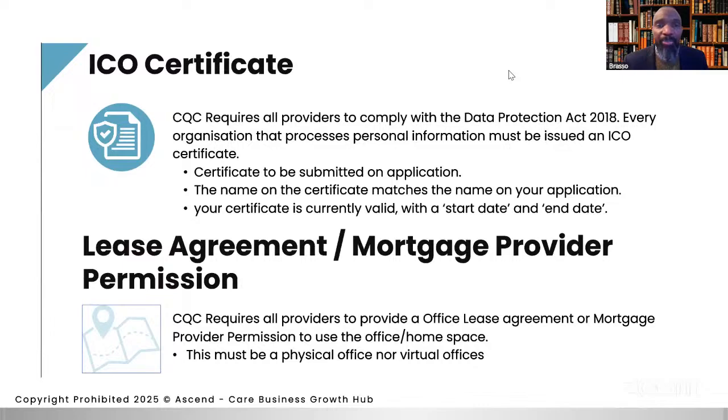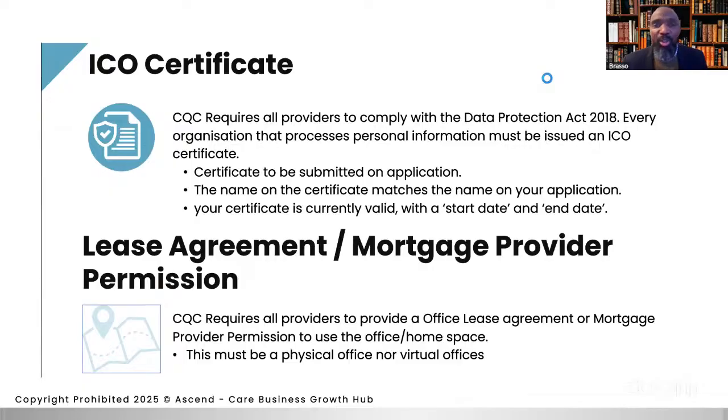You also have the ICO certificate, Information Commissioner's Office. I hope I got it right. This is to do with protection of information. So you need to have this certificate. I know there is a charge for this.